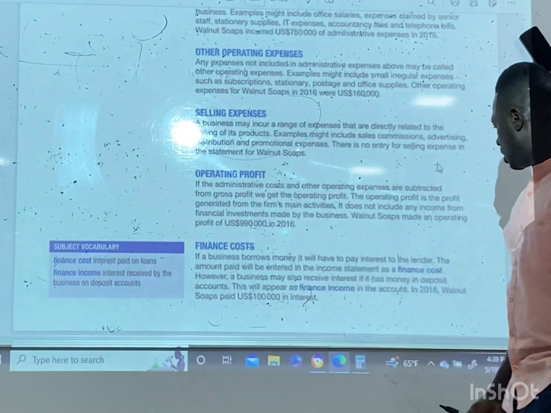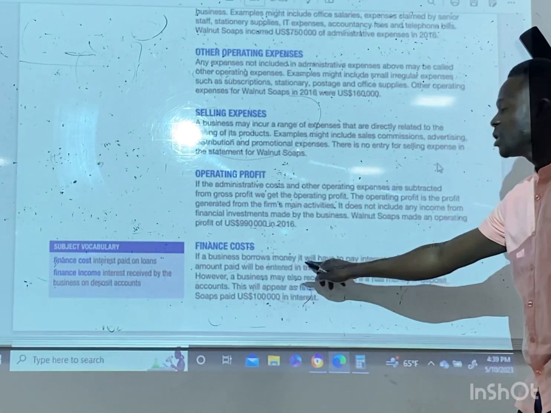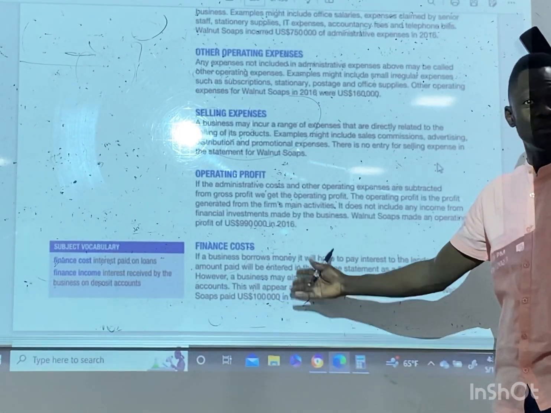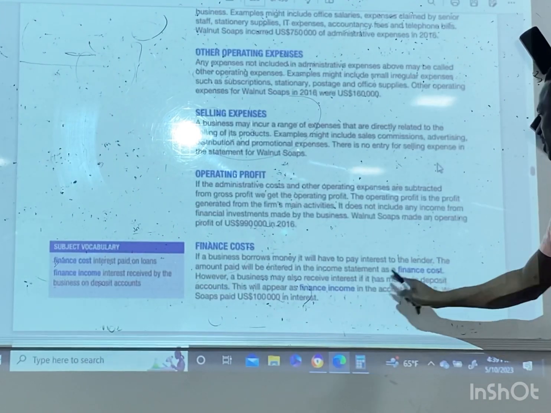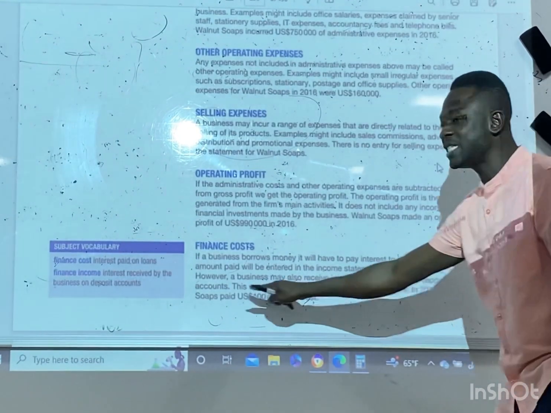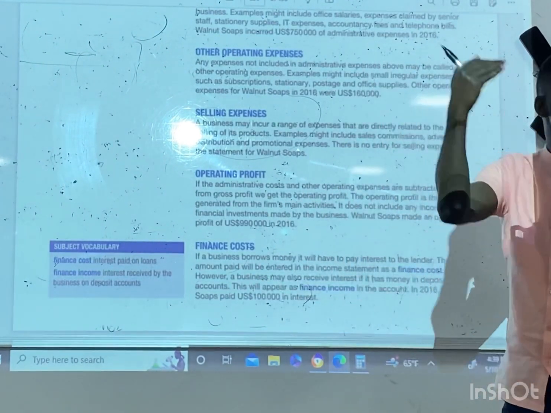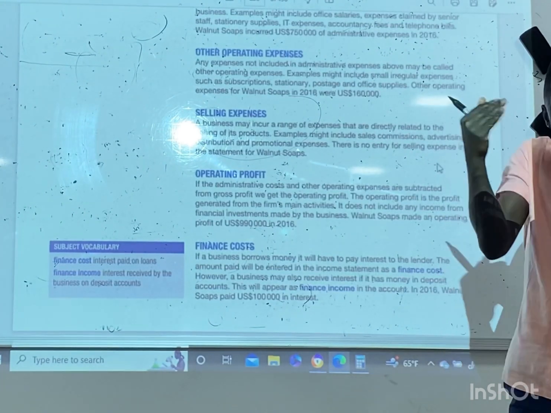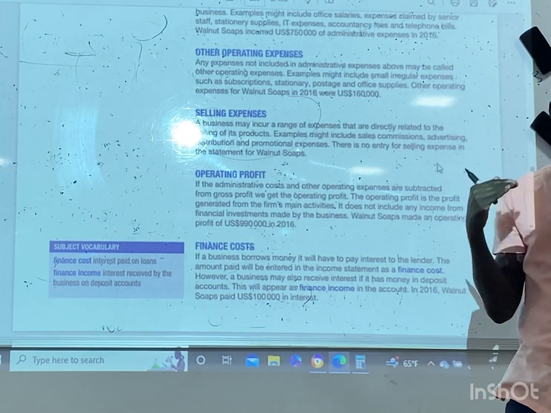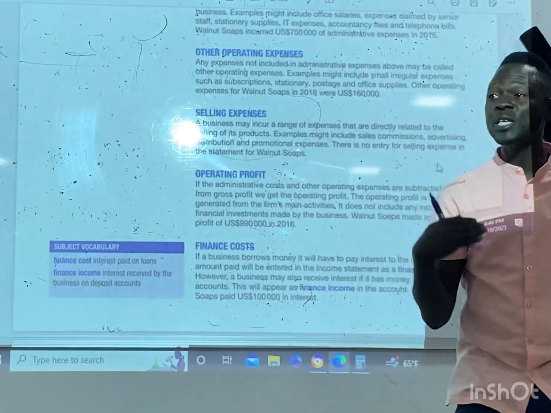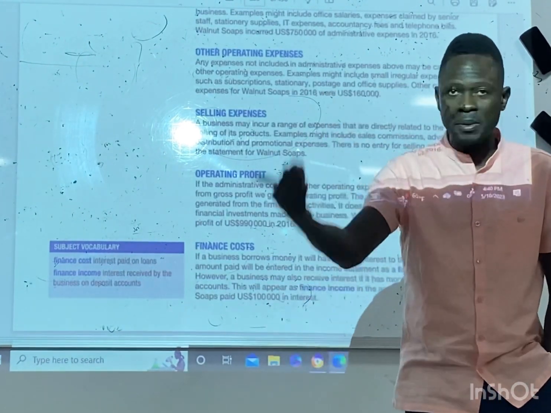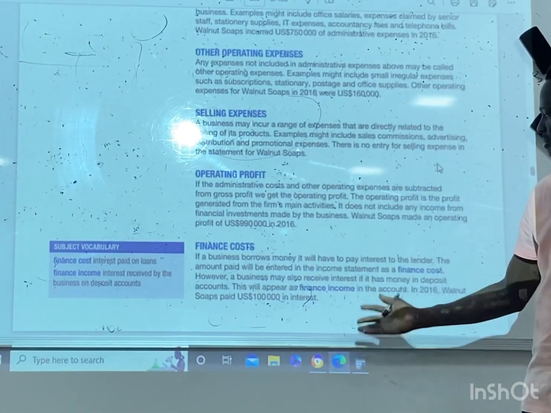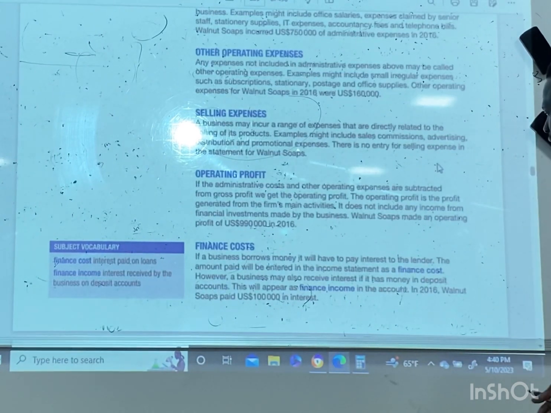Then the finance cost. If a business borrows money, the interest you pay because you have borrowed money from the bank is finance cost. The interest you get because you have saved money in the bank is finance income. Is it clear? Yes.